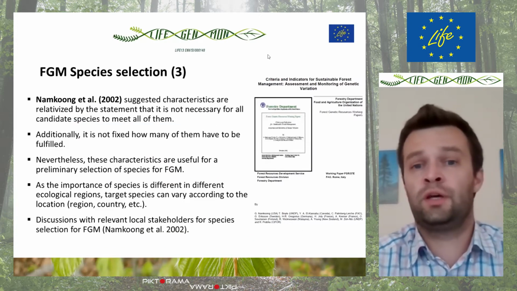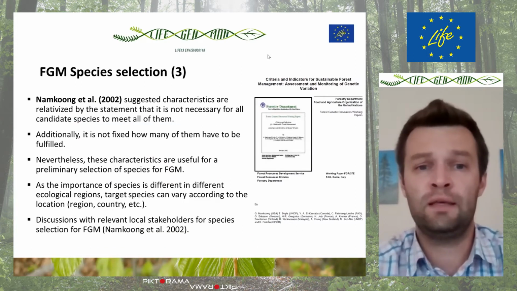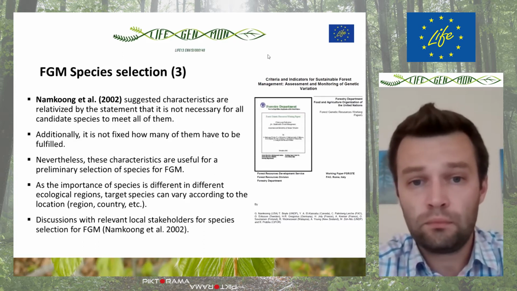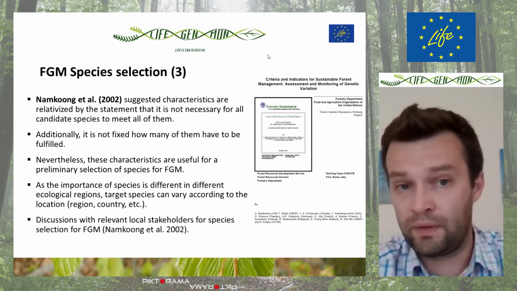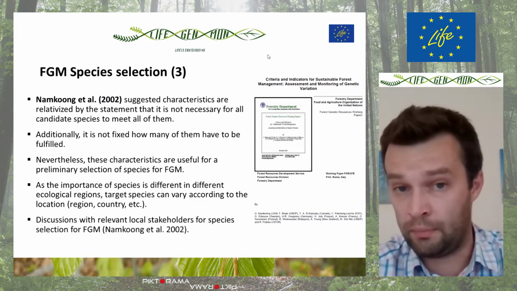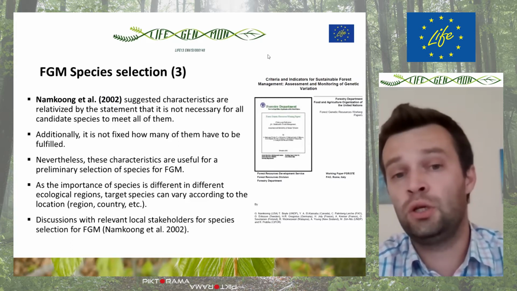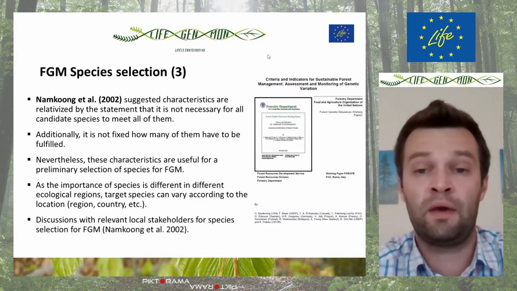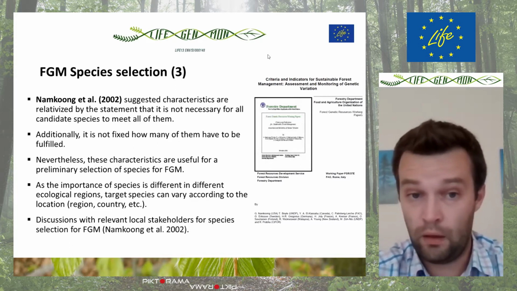However, these suggested characteristics are relativized by the statement that it is not necessary for all candidate species to meet all of those characteristics. Additionally, it is not fixed how many of them have to be fulfilled.